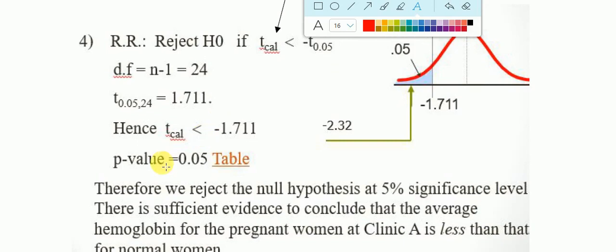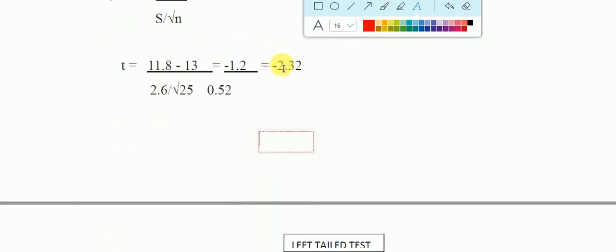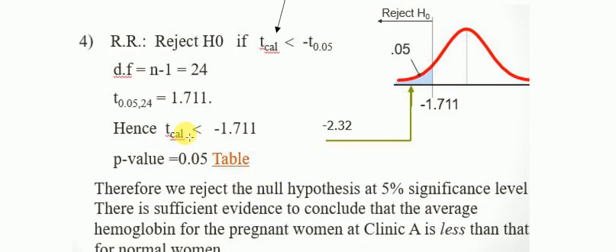Now we have to check if T calculated is lesser than minus 1.711. What was the value of T calculated? We calculated over here minus 2.32. Is minus 2.32 lesser than minus 1.711? Yes, obviously it is lesser.